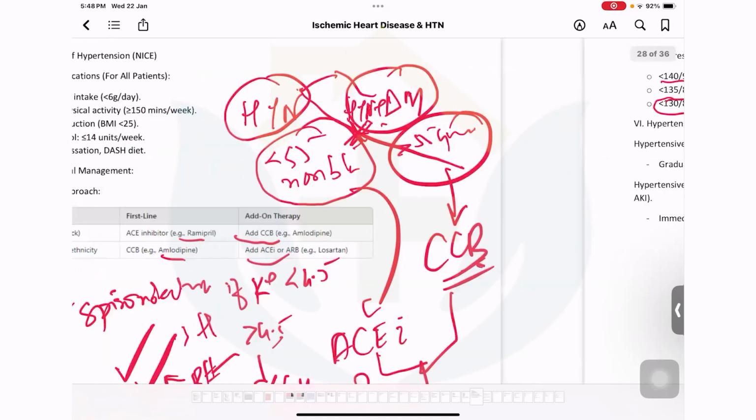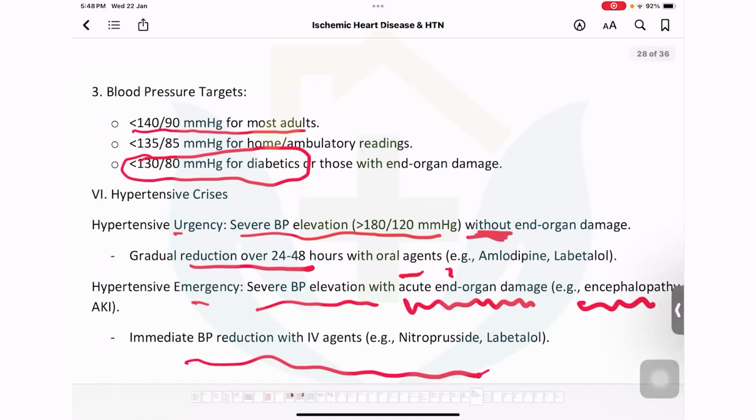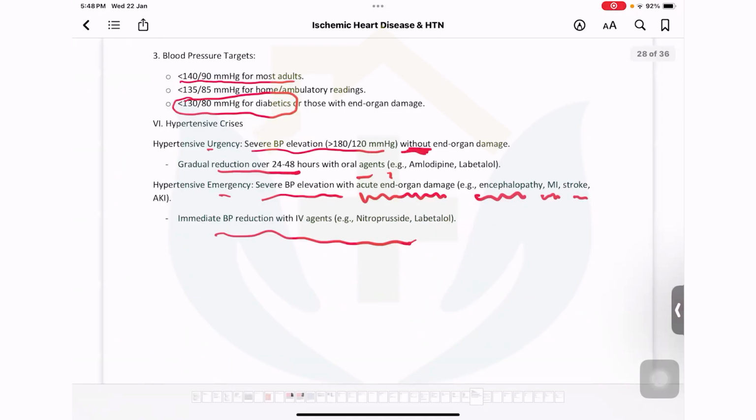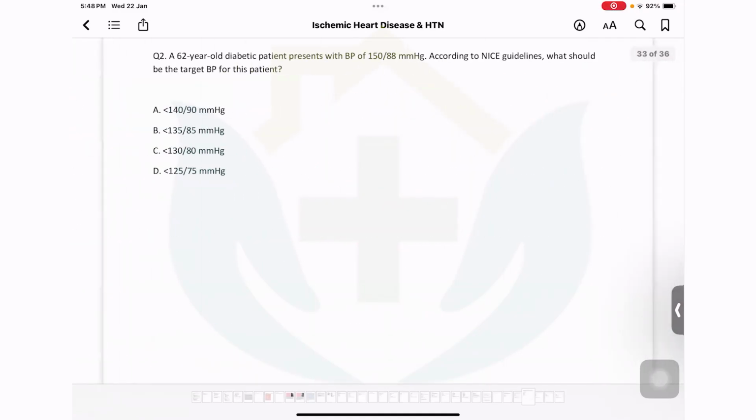Blood pressure targets are less than 140/90 for most adults, 135/85 for home or ambulatory readings, and 130/80 and below for diabetics and those with end organ damage. So the answer here will be less than 130/80.